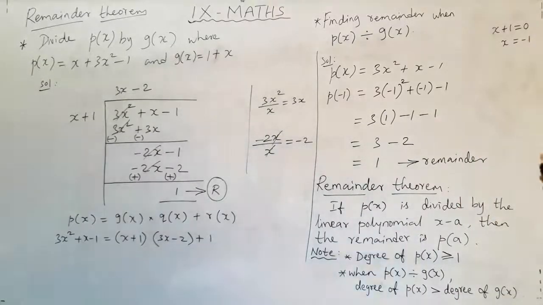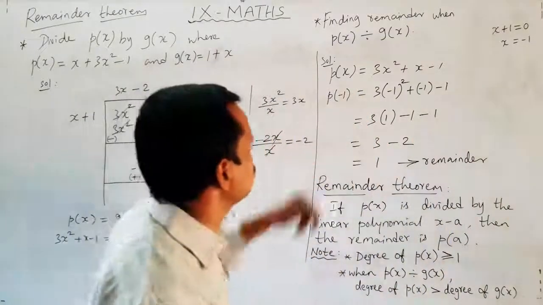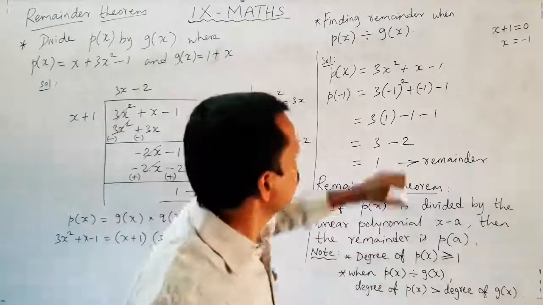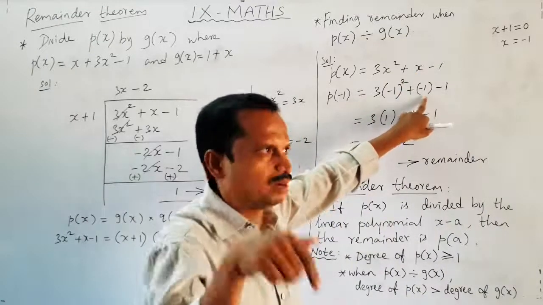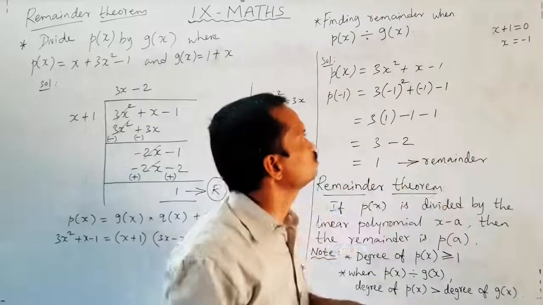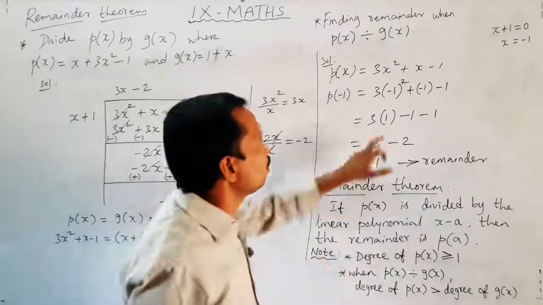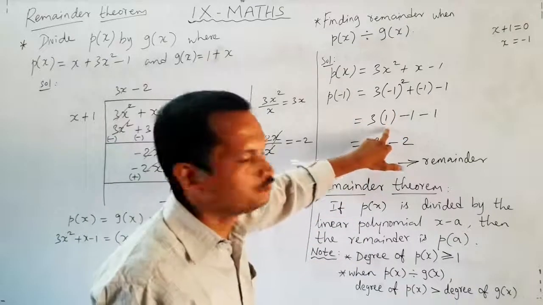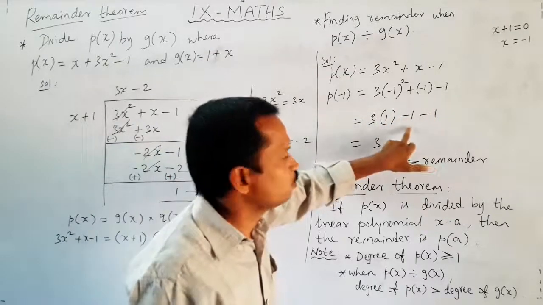Clear or not? So now substitute minus 1 instead of x. What do you get? 3 into minus 1 whole square plus, instead of x, minus 1. So to avoid confusion, put a bracket and then minus 1 as it is. And then 3 into minus 1 whole square becomes 1. So 3 into 1. Here plus into minus 1 is minus 1, so put minus 1.